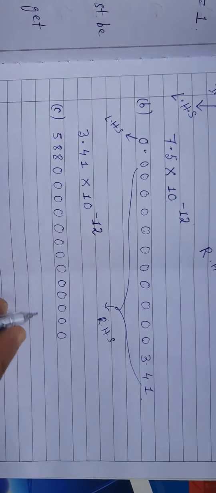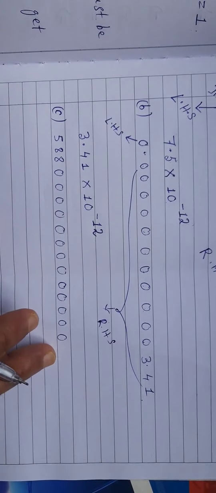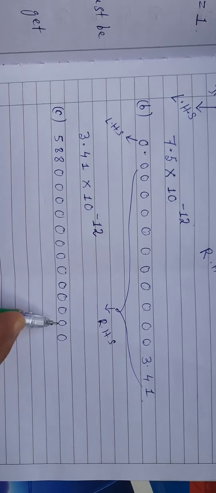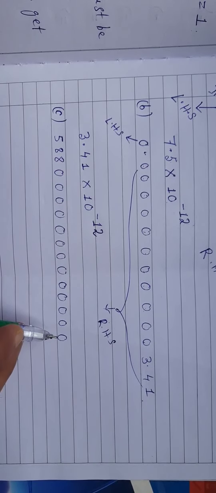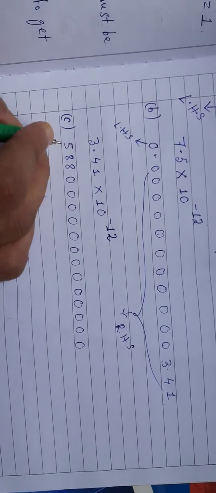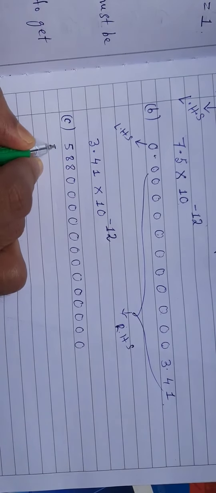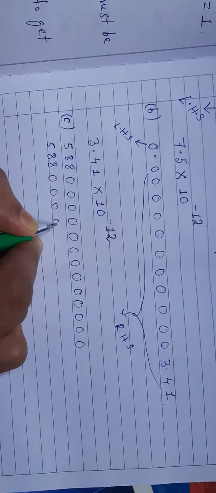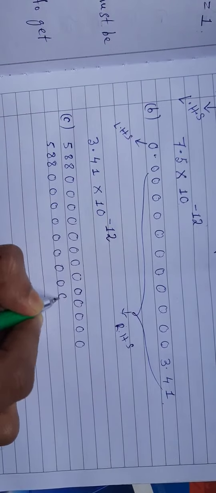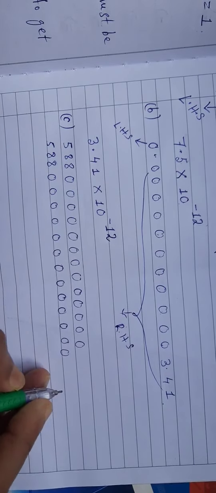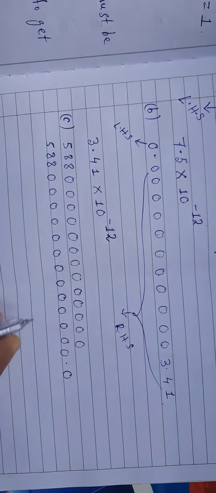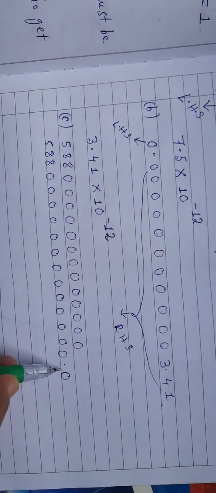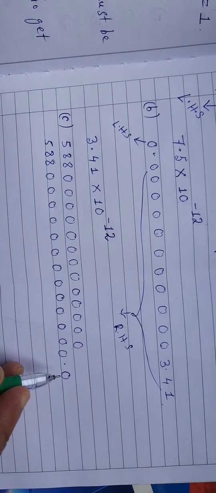Now in this question you can see there is no decimal point, and I have to convert it into the standard form. Since in the question there is no decimal point, how do we convert it? We can rewrite the question as 588 followed by 13 zeros, then 0.0, because it will make no difference.